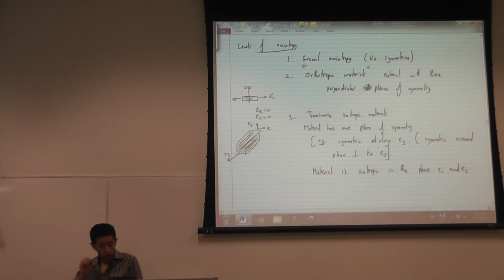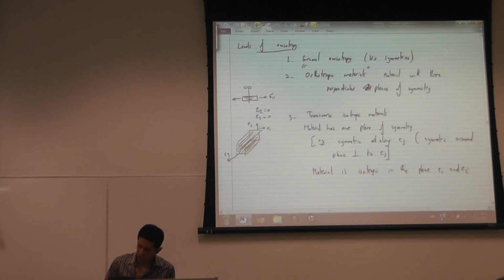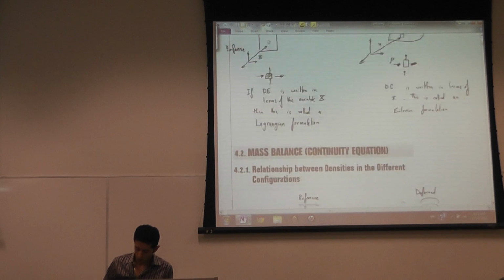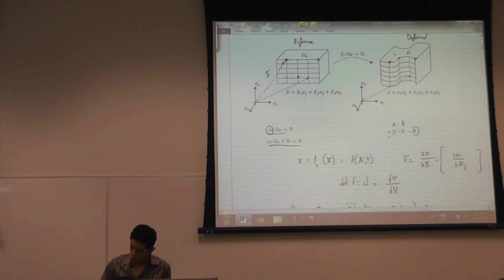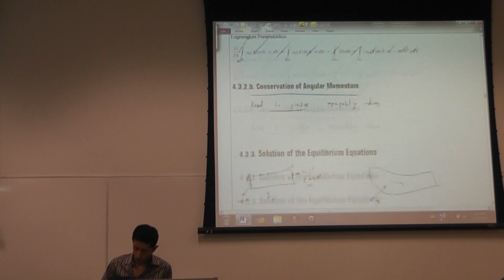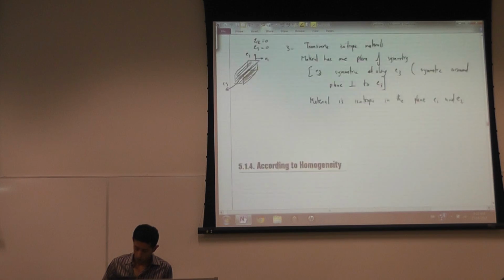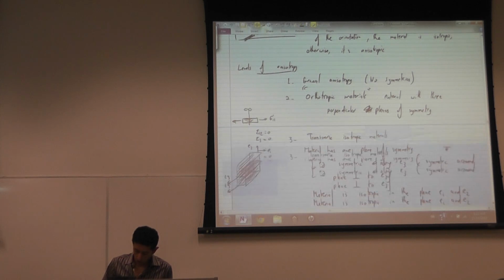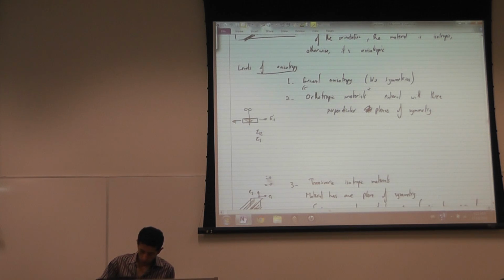Usually materials that are orthotropic are polymers or materials with fibers.